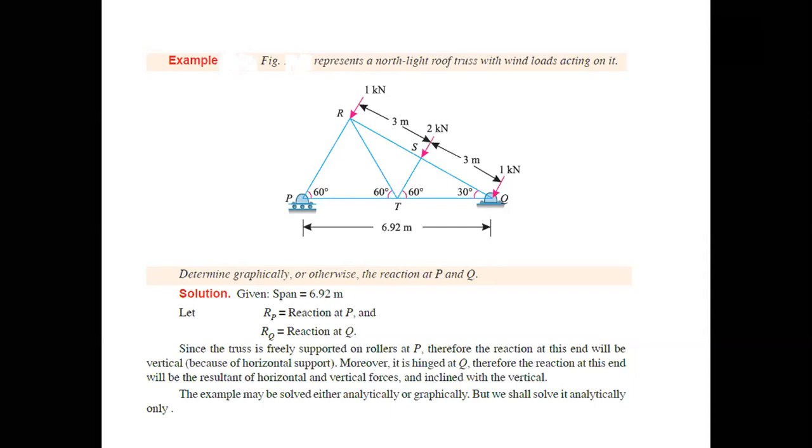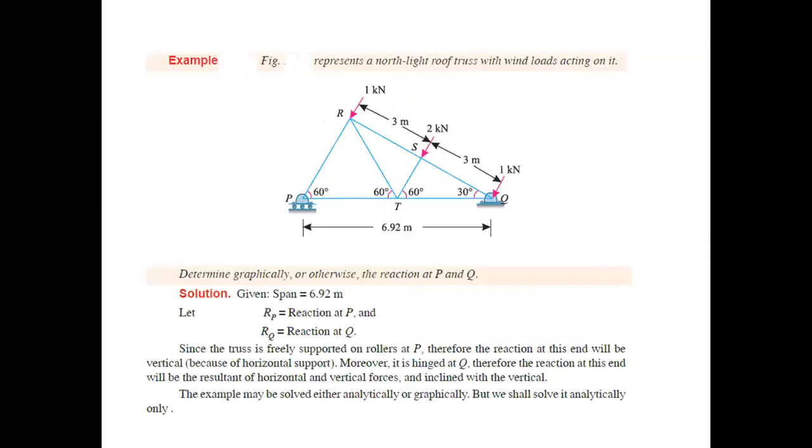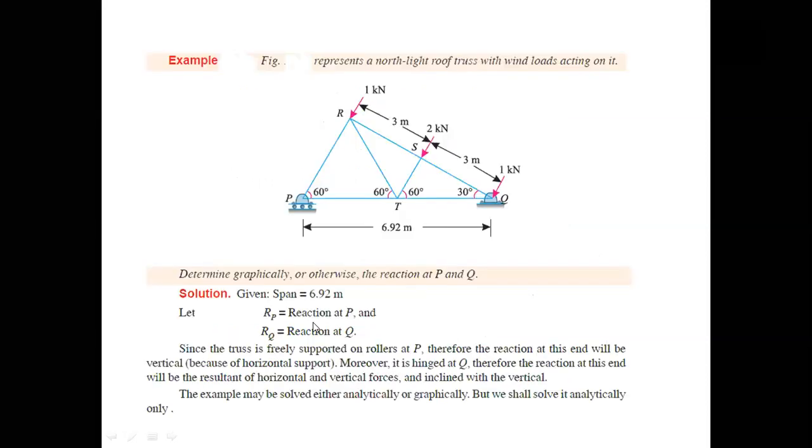So analytically you try to solve it. Taking moment about Q, if you take the moment about Q, what are the forces? 2 kilonewton, 1 kilonewton and the reaction at P. So taking moment about Q, RP into 6.92.